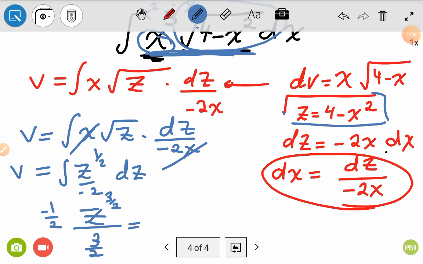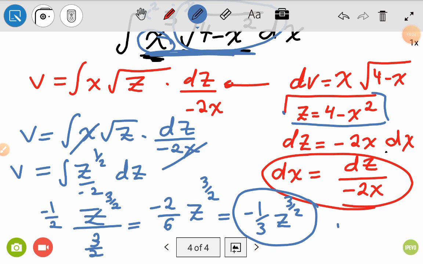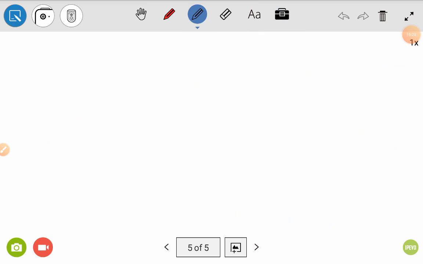You know how to do it now, which is negative 2 over 6 z to the power of 3 over 2. Okay guys, which is at the end negative 1/3 z to the power of 3 over 2, and this all is the value of v. In the next slide I will take here u.